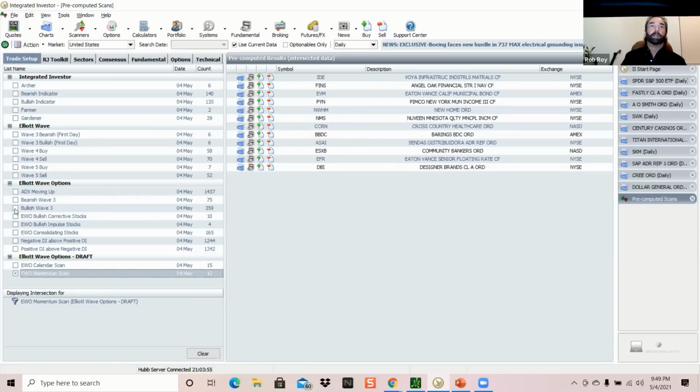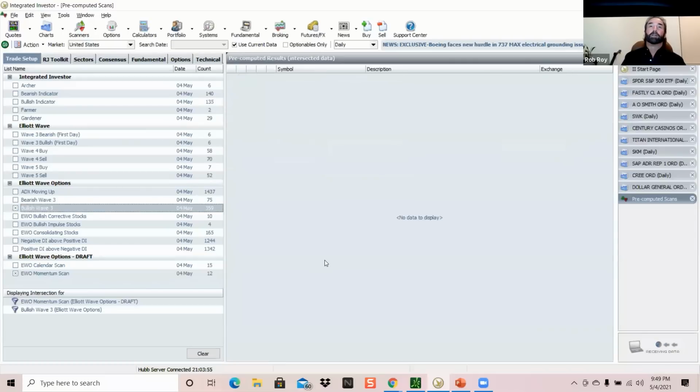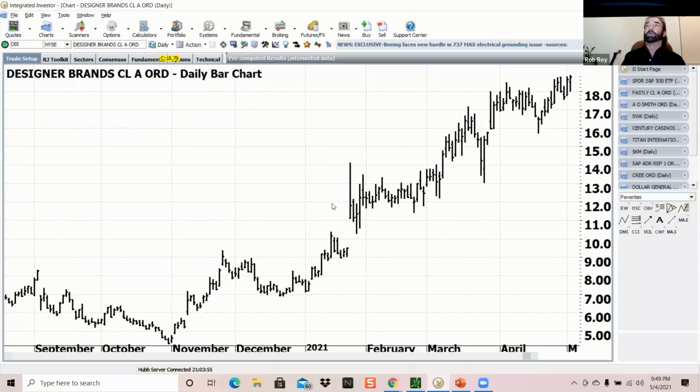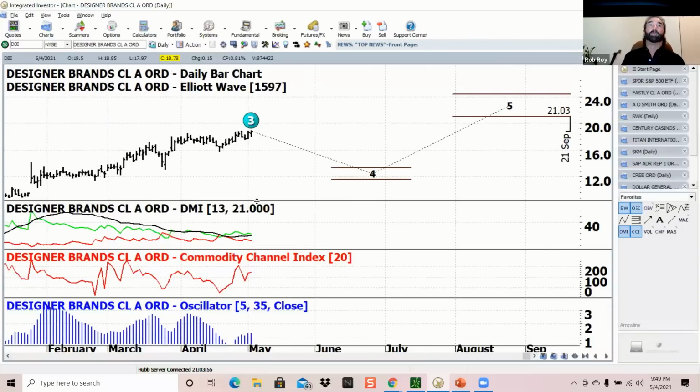So we can see if any of these 12, rather than going through 12 charts, are in the wave 3, and there's 1, Designer Brands. So now we just narrowed down 12 potential charts to 1. We can take a look at that real quick and see if that's something that we might be interested in. And it does look pretty interesting.